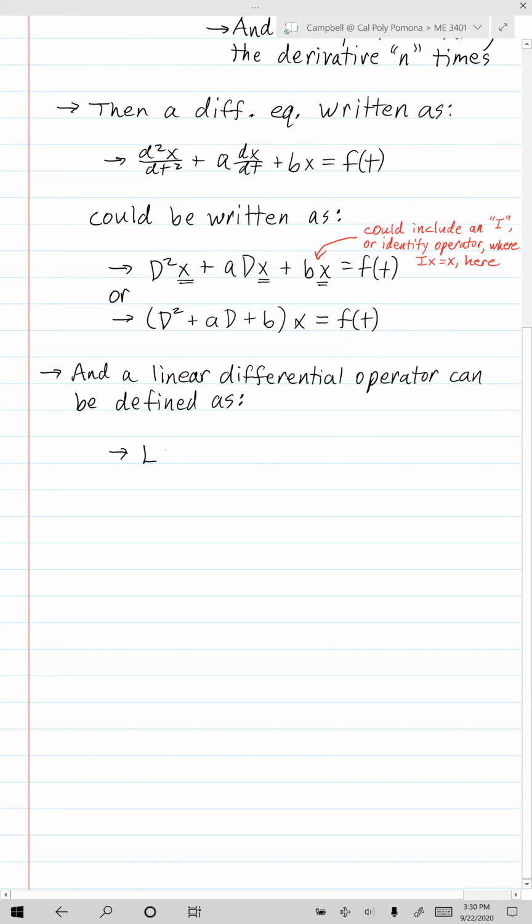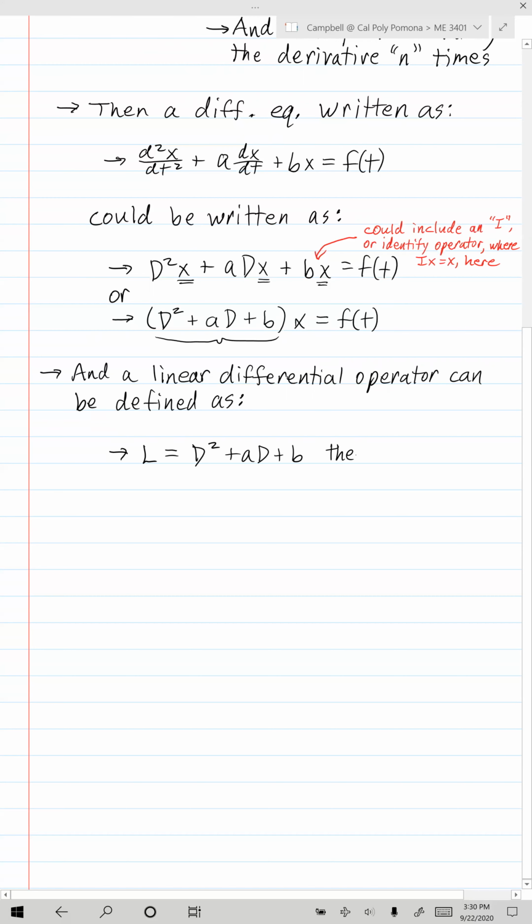So the linear differential operator, defined as L, in our particular case, is just everything up here multiplying that X. And so that would be D squared plus aD plus b would be our linear differential operator.